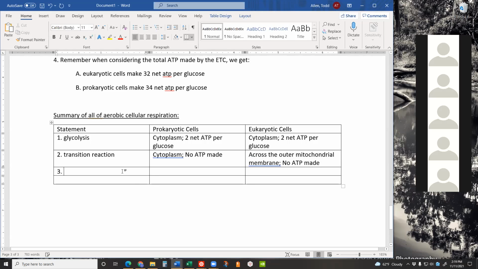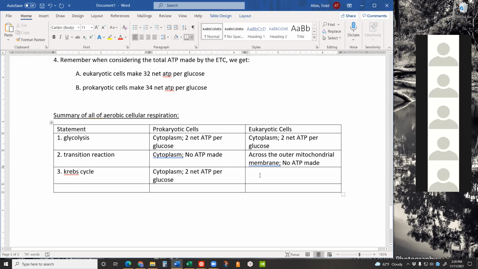Next, we have the Krebs cycle. The Krebs cycle in a prokaryotic cell, right? Prokaryotic cells don't have mitochondria. They generally don't have organelles per se. So the Krebs cycle is going to take place in the cytoplasm, and you're going to generate an additional 2 net ATP per glucose.